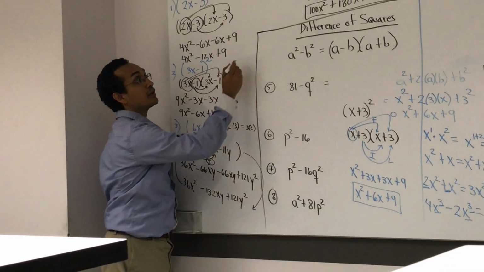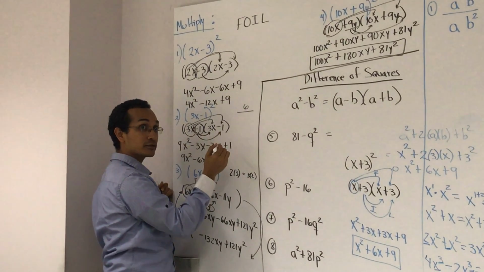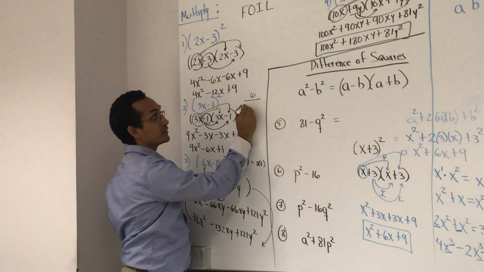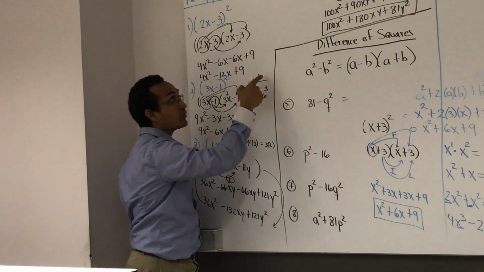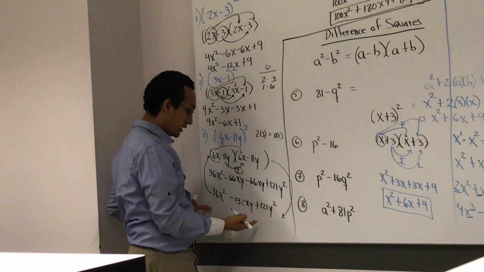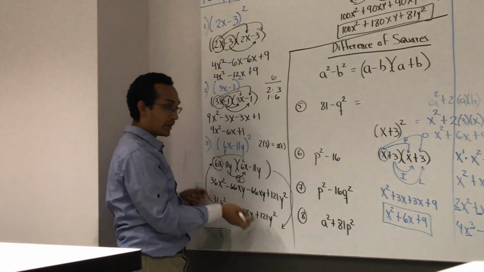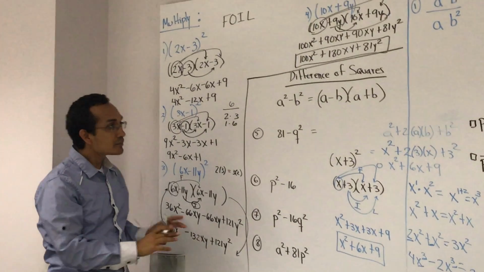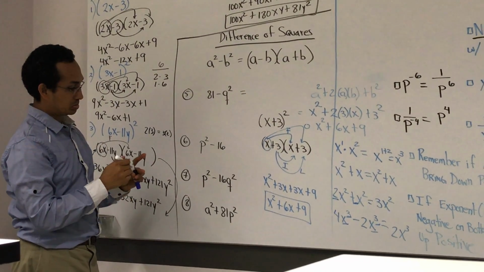So for example, what are the factors of 6? The word factor means unmultiplied, so 2 times 3, or 1 times 6. So what we're doing in the next section would be unmultiplying this, and I'll teach you a method, or several methods, for you to do this easier. Let's move on to the difference of squares.